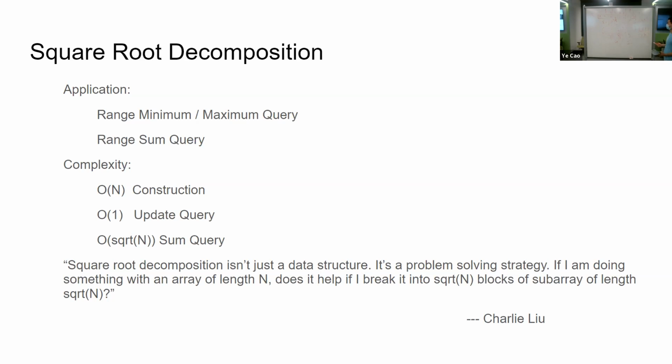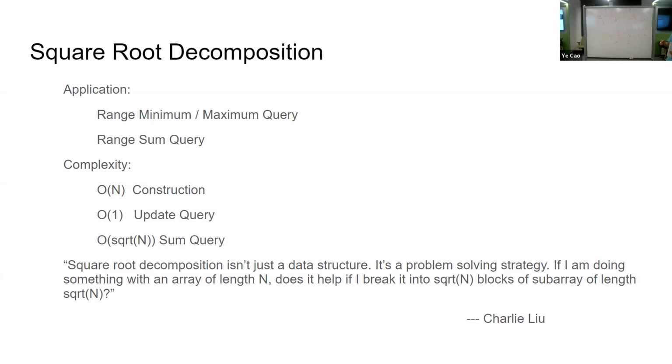And that's bringing us a lot of improvement here, from O(n) to O(square root n). The application of this is actually very wide, because here we're only using one array. But let's say you have a really big database. How would you manage the structure of this database? You basically break it into very small individual segments.